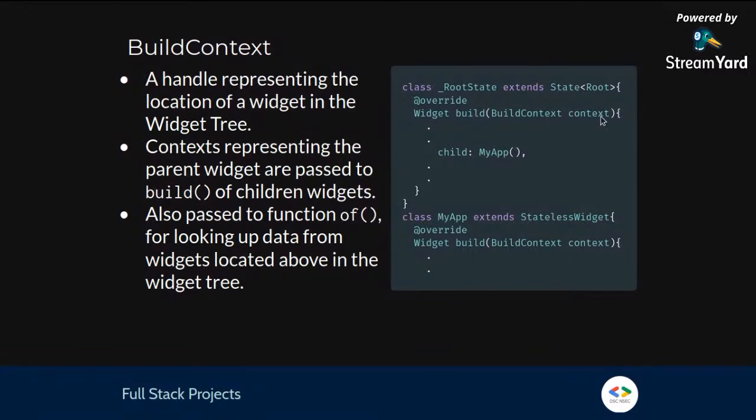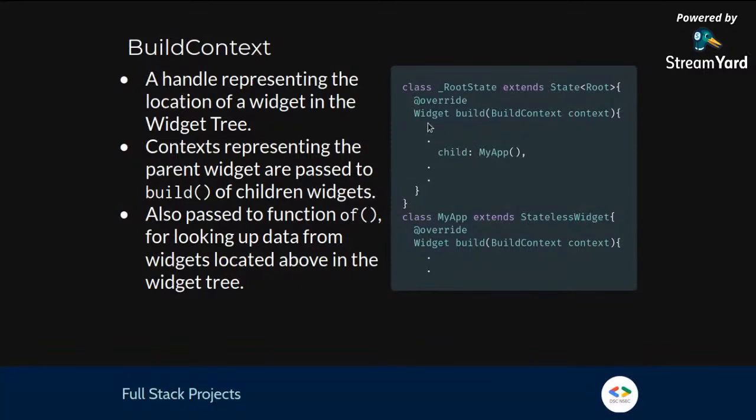So it is because of this BuildContext that we can visualize the layout of Flutter widgets as a tree. Context representing the parent widget is passed to the build of the child widgets. In this code snippet, suppose we have this state class of a stateful widget named Root.